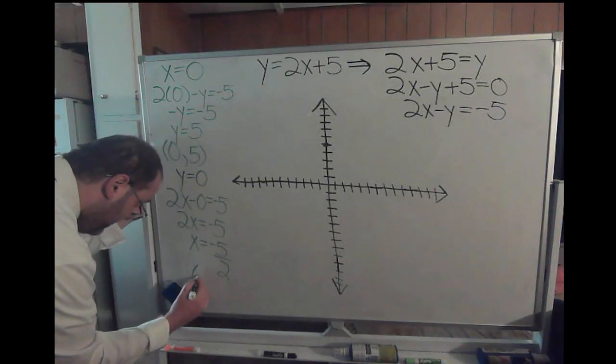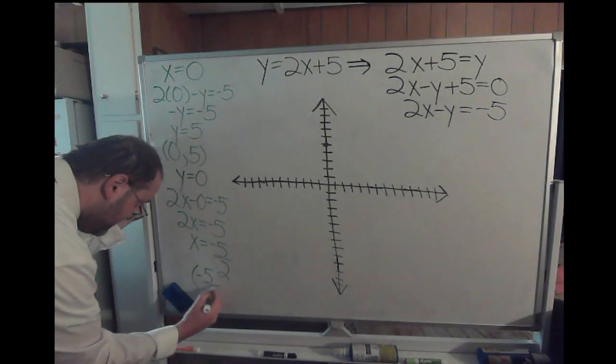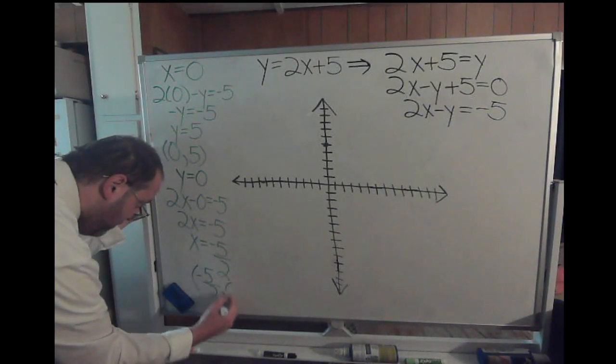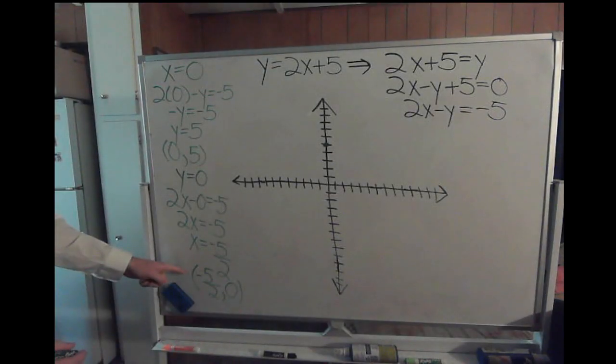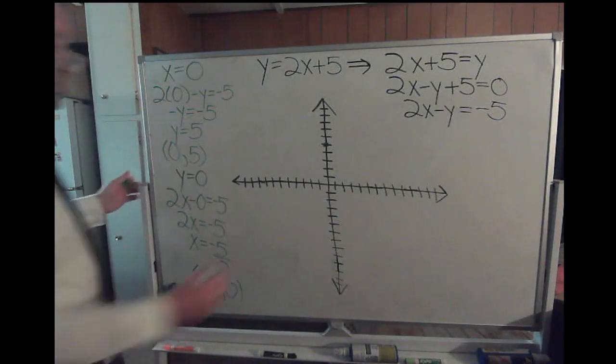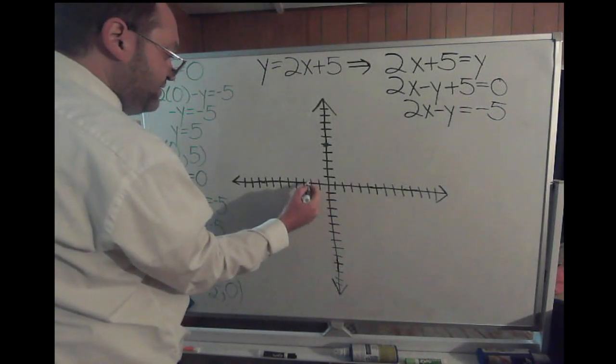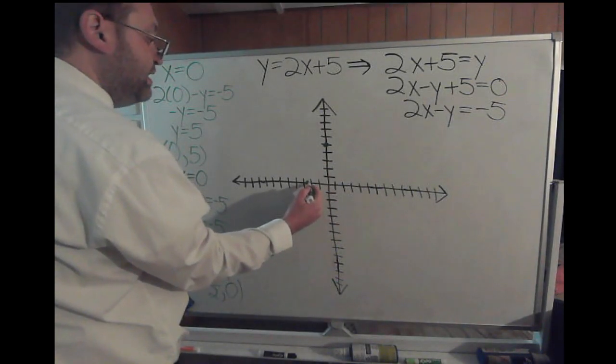So you get the point negative 5 halves for x and 0 for y. So your next ordered pair is negative 5 halves, 0, which is negative 2.5, 0 right here. You'll go about right there.